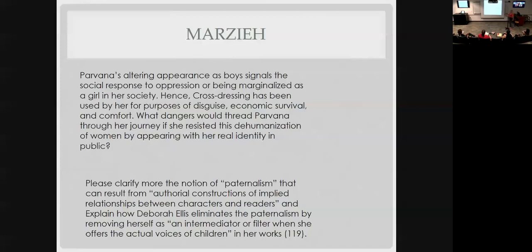But I think on this one, the person who's talking about Ellis eliminating the paternalism is saying that with the text she's writing, actual children provide the voice. So there's three of them. One's from Afghanistan, one's from someplace in Africa. I can't remember.